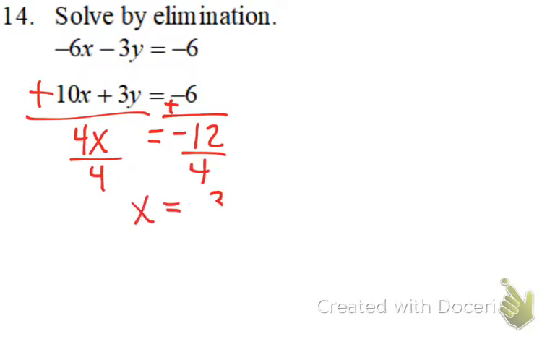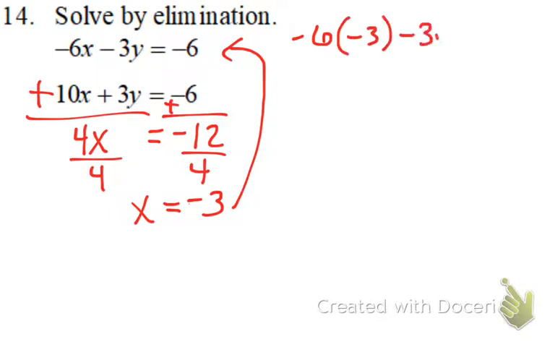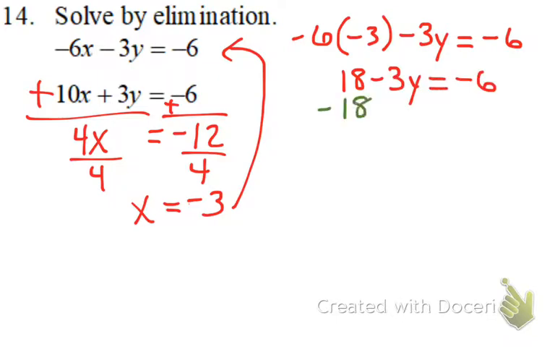X is negative 3. To find y, plug it back in. You can go to either equation. So we have negative 6 times negative 3 minus 3y equals negative 6. Negative 6 times negative 3 is 18. Two-step equation from here, subtract 18.